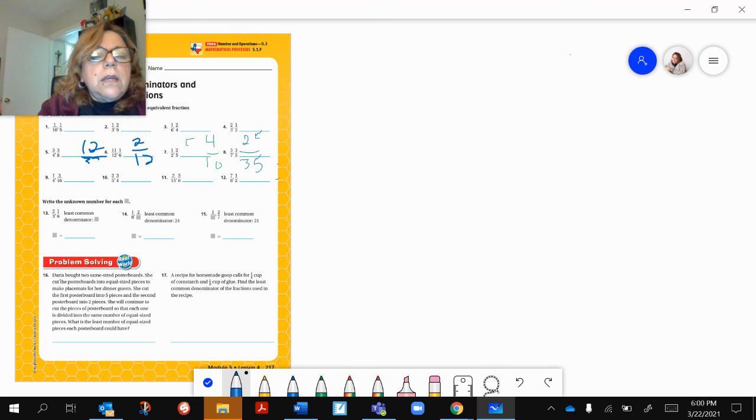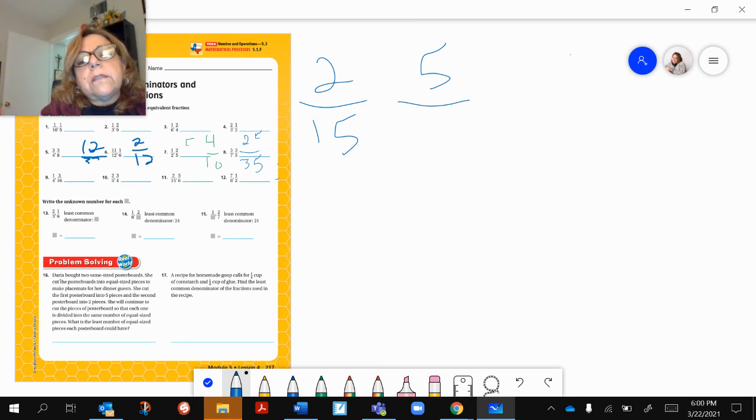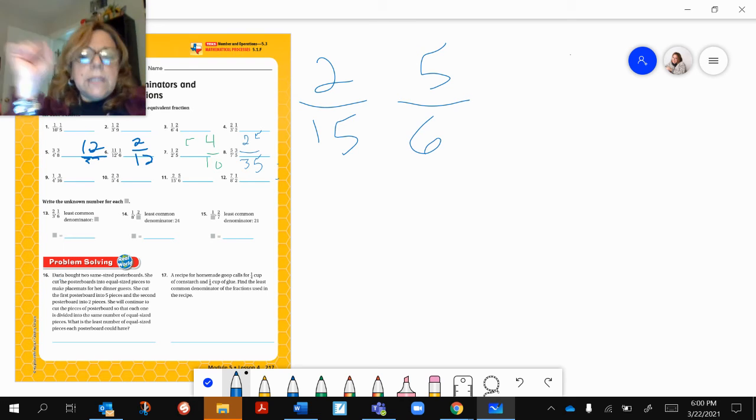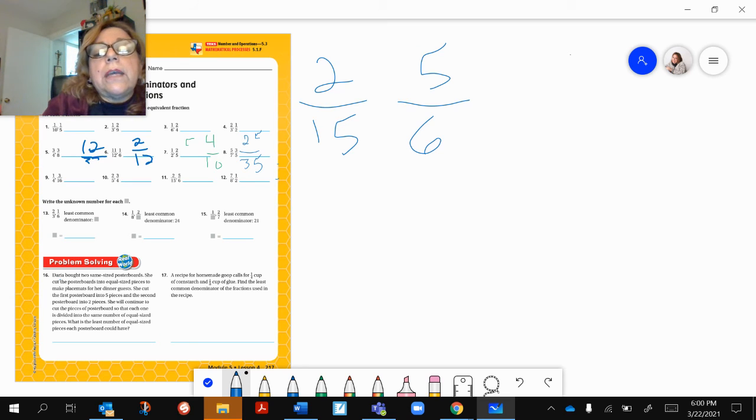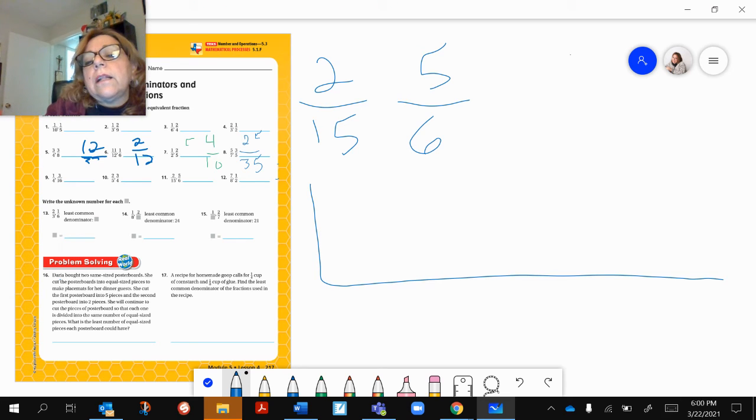All right, and the next one is going to be 2/15 and 5/6. This is going to be interesting. Which common denominator do you think this will be? Really interesting.